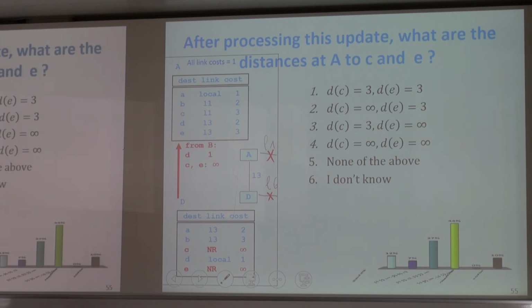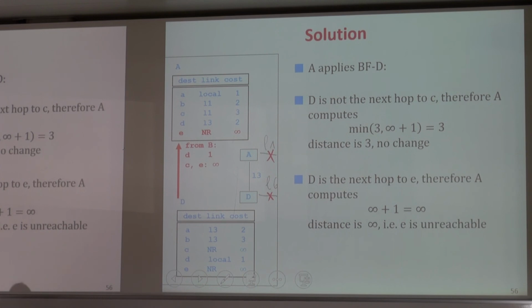And the correct value is number 3. Let's see why. A applies distributed Bellman Ford, which says you should separate whether the update comes from the next hop or not.